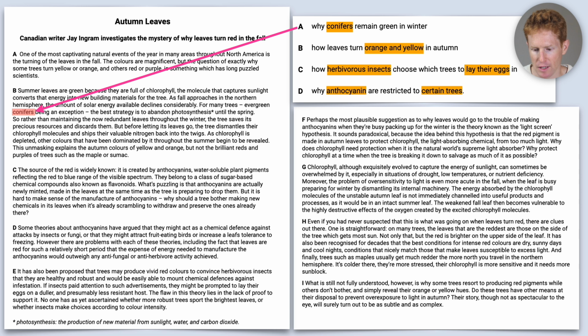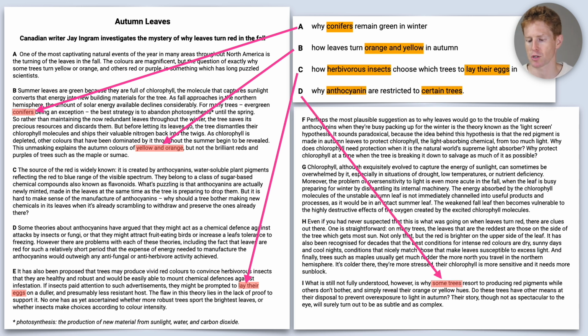Then next we've got how leaves turn orange and yellow in autumn. So we could look for orange and yellow in autumn. Scanning, we can find this, yellow and orange. So they just changed the order. Then C, we've got herbivorous insects. Yes, and we've got lay their eggs below, so that's useful. And then finally, we've got this why anthocyanin are restricted to certain trees.